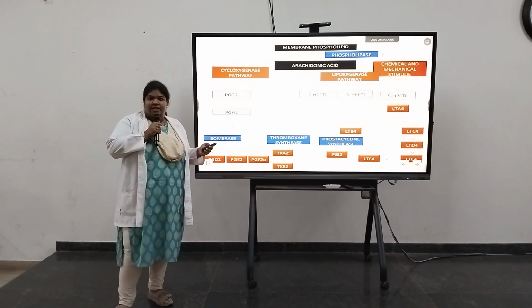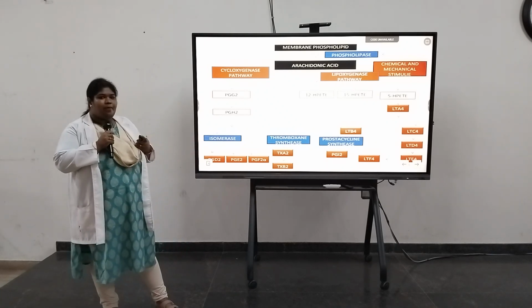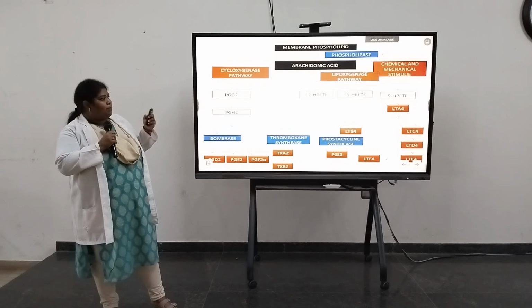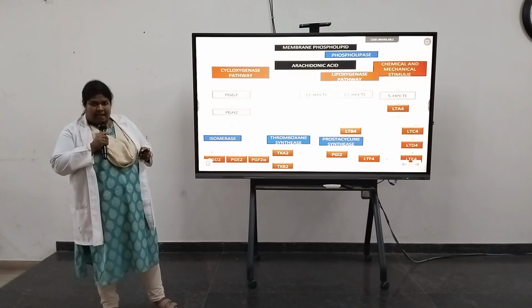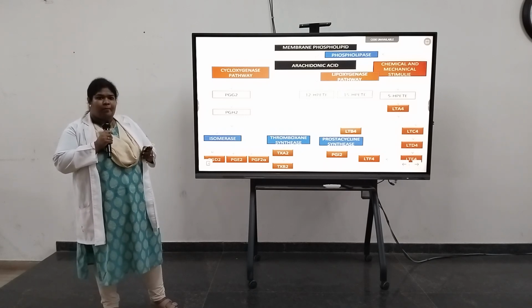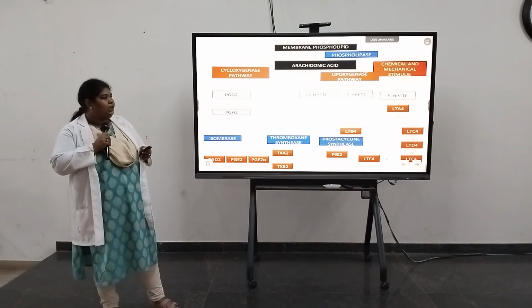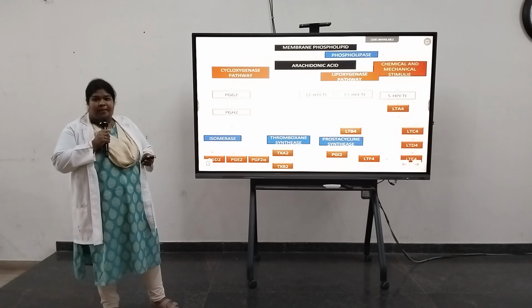So coming to the mechanism of action, how these prostaglandins are derived. Our cell is made up of a lipid bilayer. From membrane phospholipids, we derive something called arachidonic acid with the help of an enzyme called phospholipase A2.